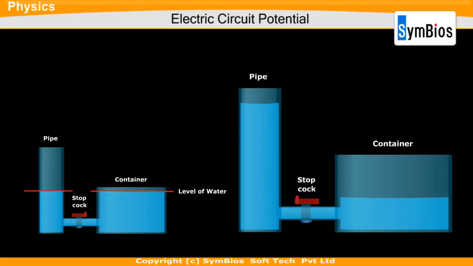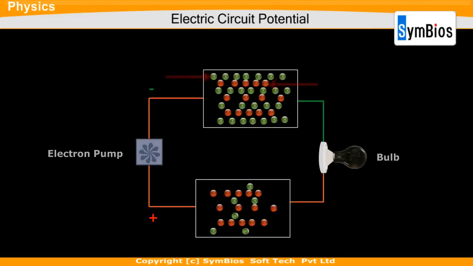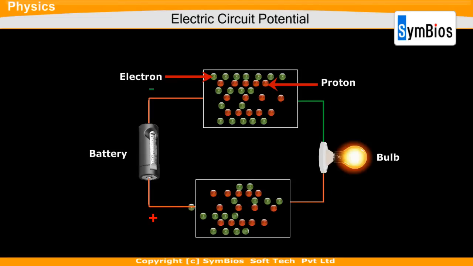It is the gravitational potential difference that is responsible for the flow of water. In a conducting metallic wire, electrons flow only if there is a difference in electric pressure. This is called potential difference. This potential difference can be achieved by a battery consisting of one or more cells.